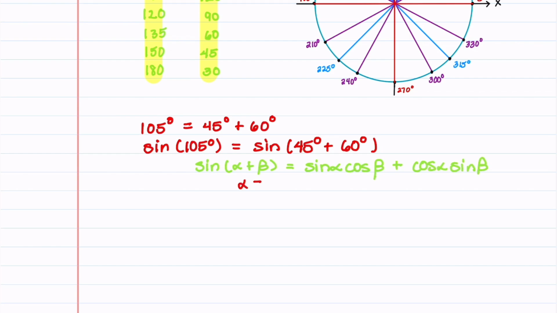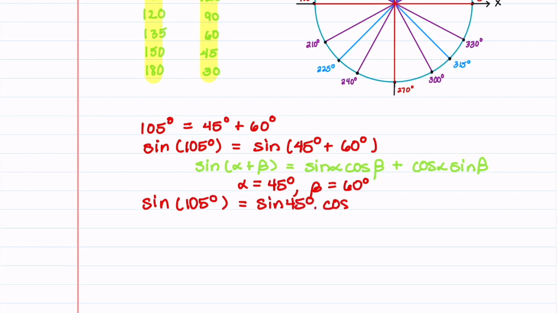We'll let alpha be 45 degrees, and we'll let beta be 60 degrees. This tells us that the sine of 105 degrees is going to be sine alpha, which is 45 degrees, times cosine beta, which is 60 degrees, plus cosine alpha, which is 45 degrees, times sine of beta, which is 60 degrees.